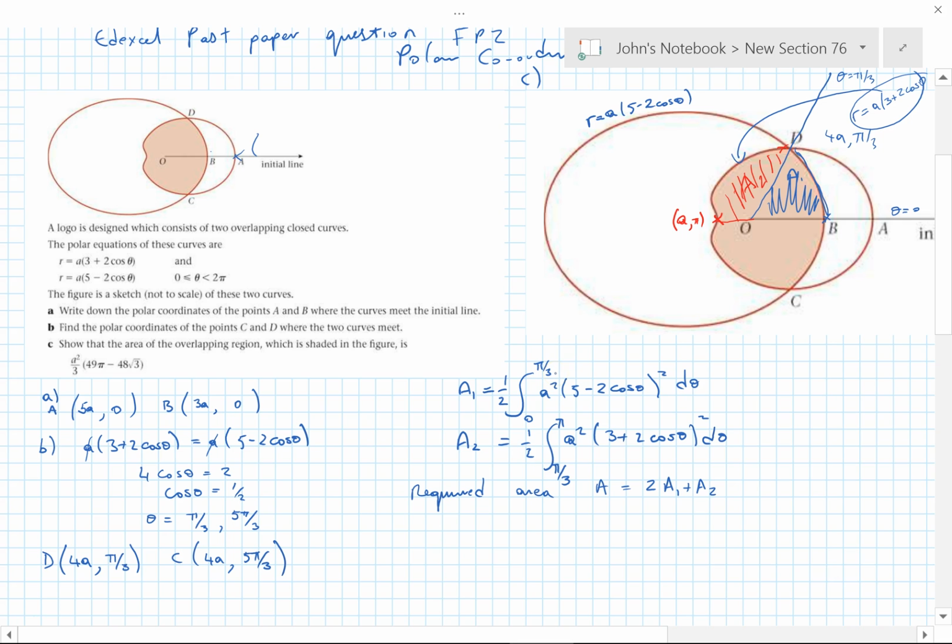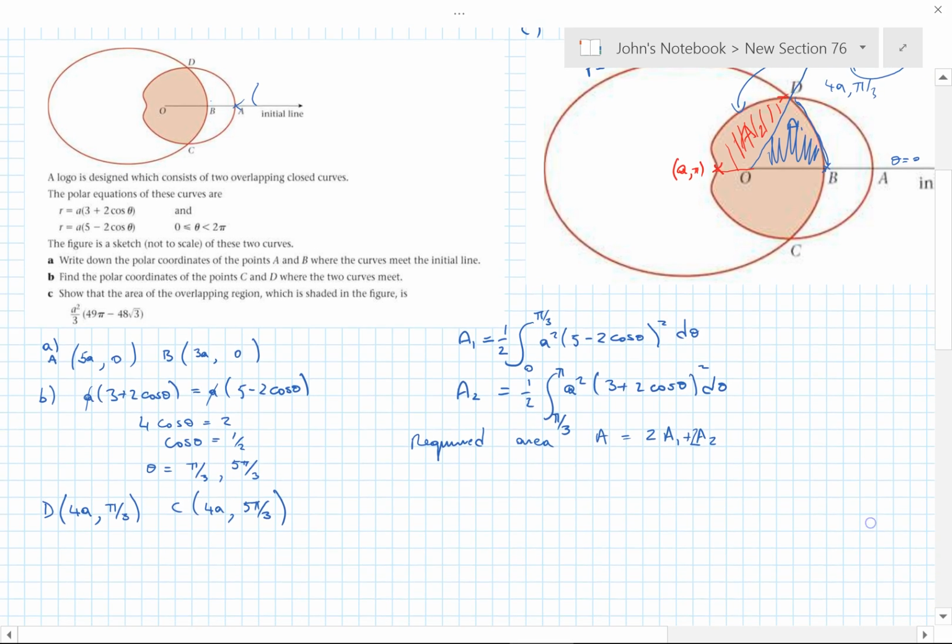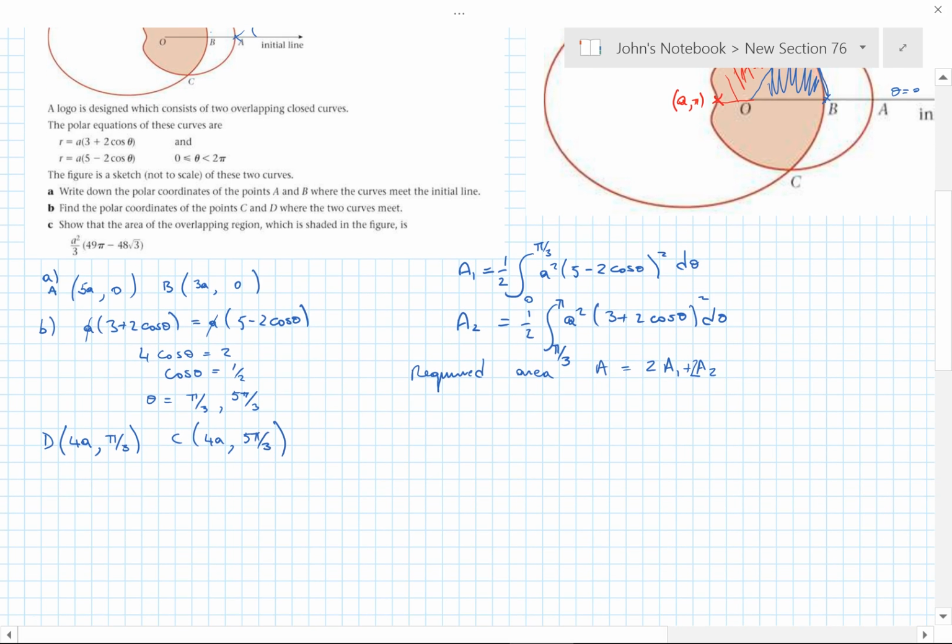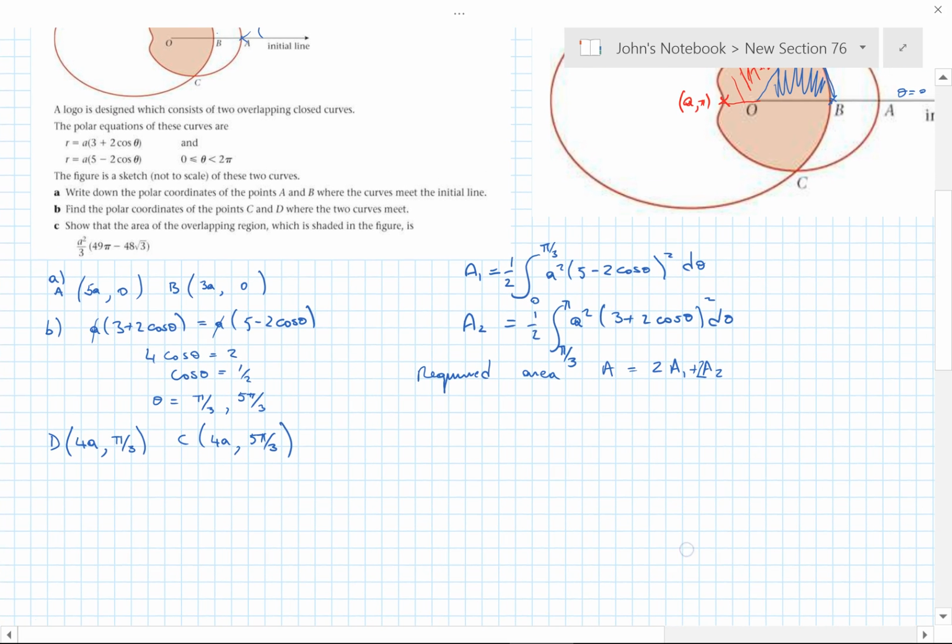So that's basically going to get 2A1 plus 2A2, of course, that's going to get rid of the half in each of our areas. So let's work out the A1 bit first, the double of which is equal to the integral from pi by 3 to 0 of a squared (5 minus 2 cos theta) squared d theta.